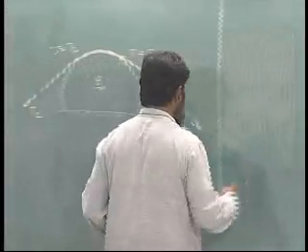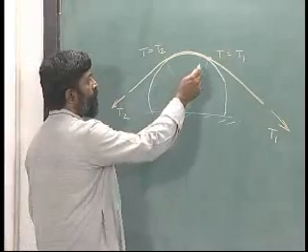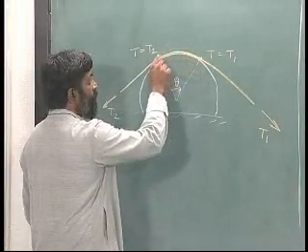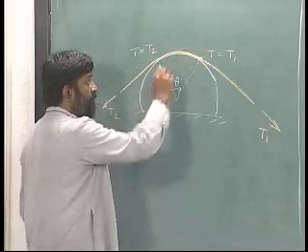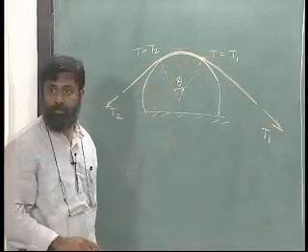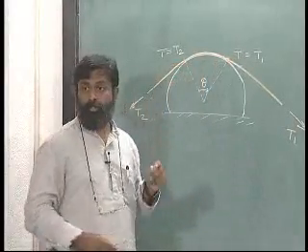So, let us just do one thing. Since we know that the tension is varying over here from T1 to T2, there will be a frictional force that will also be varying from this point to this point.